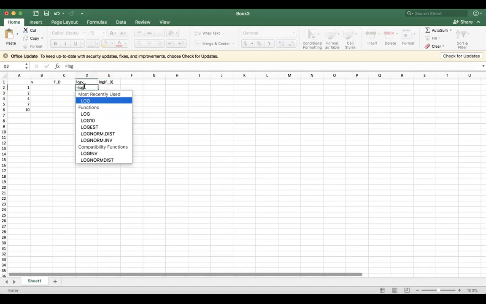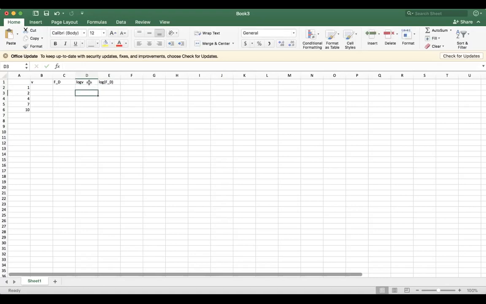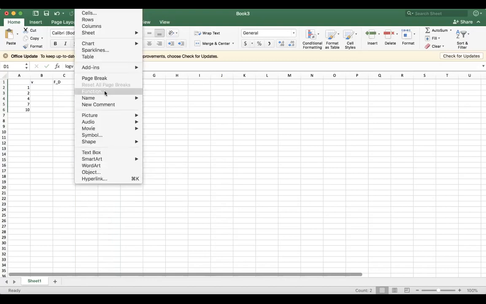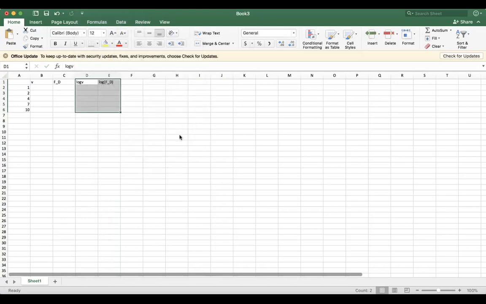So you can use a log function and simply let the spreadsheet fill it out for you. So once you have these two columns, you're going to highlight them and make a plot. Okay, so a scatter plot.